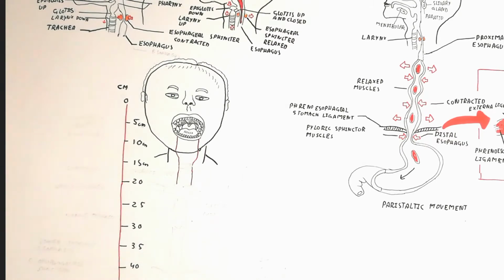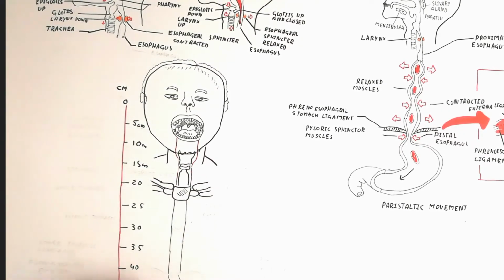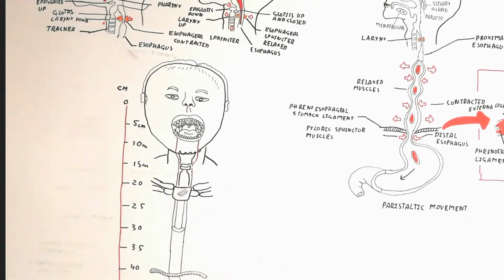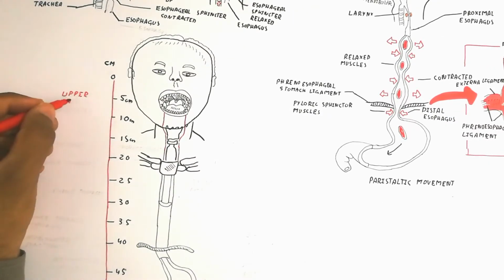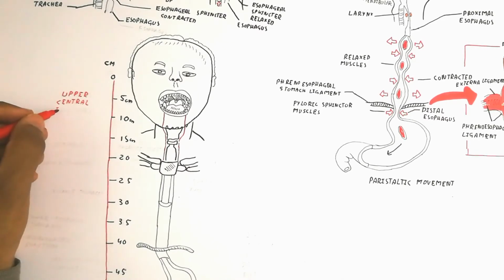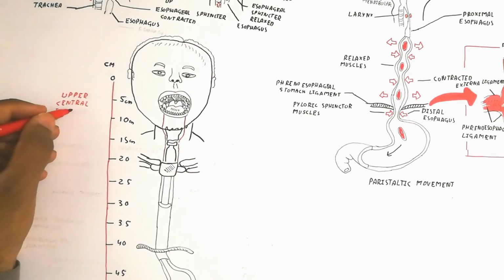So here I draw a person with the anatomy of the esophagus. Here is the thoracic inlet, and there I draw the esophagus, which is about 45 centimeters long in the human body.